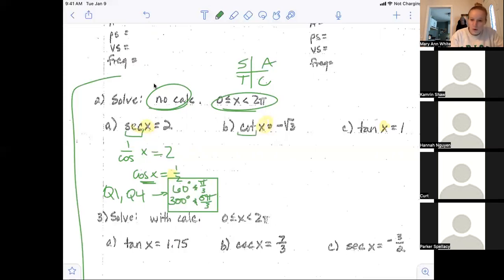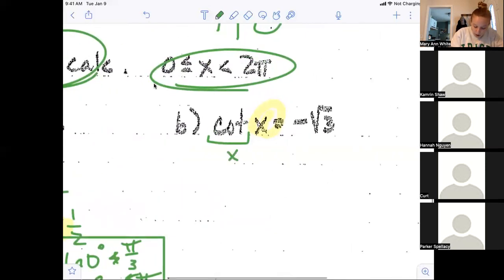Cotangent is 1 over tan. Or I think an easier way of thinking about this is x over y. So we want our x over y to equal -√3. I'm going to argue that we've done enough of these that I already know what x is and what y is.